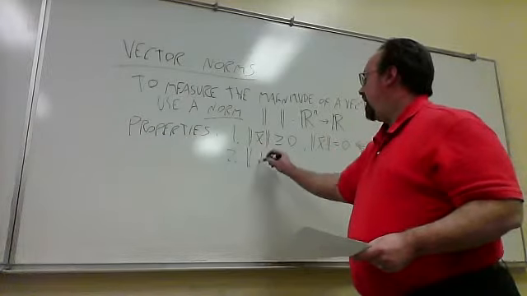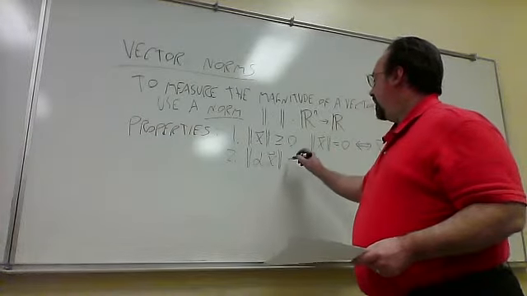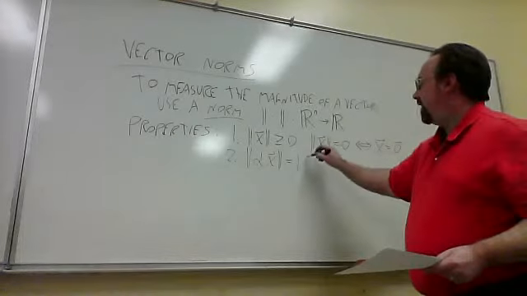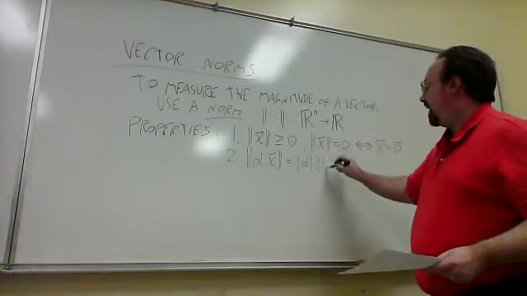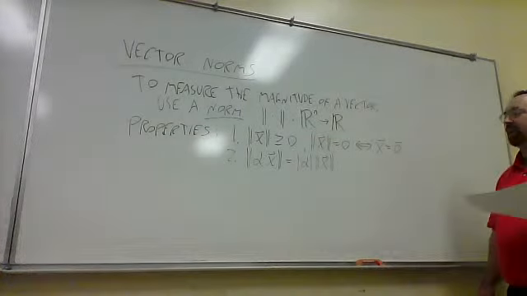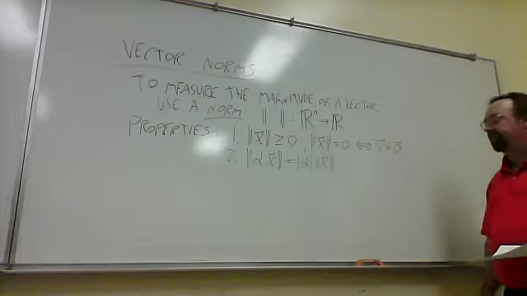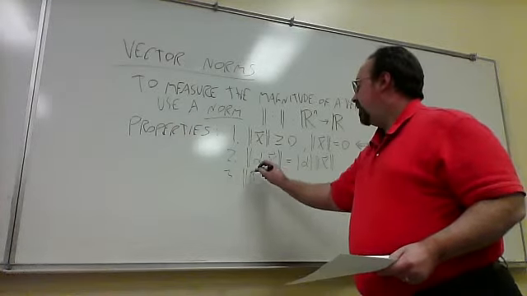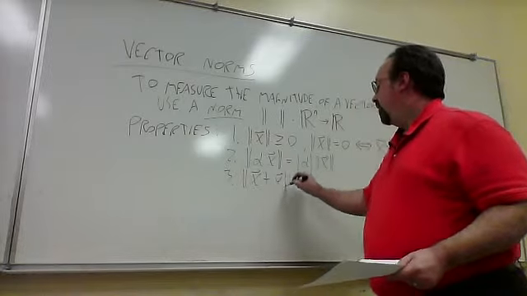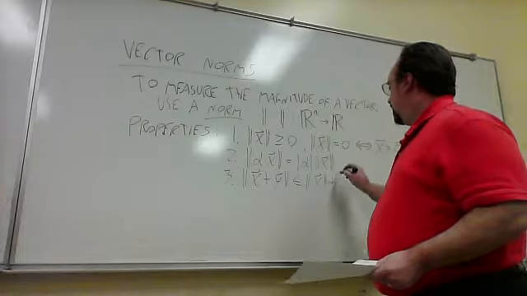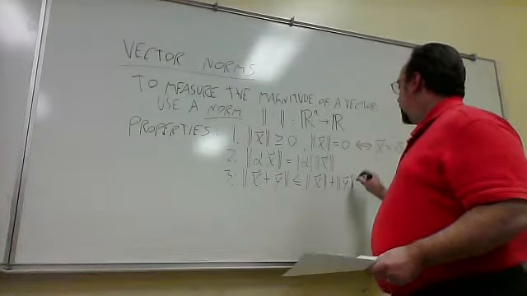Second, if you scale a vector by a constant factor, then that scales the norm by the absolute value of that factor. So it responds as you would expect to changes in length. And finally, we have the triangle inequality: the norm of a sum is less than or equal to the sum of the norms.